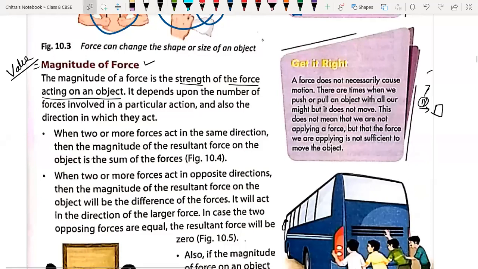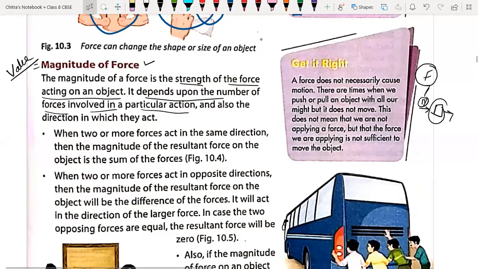If you increase the force, the movement of that object will be more. So we are just going to understand the strength of force in this part. Strength of force is nothing but the magnitude or its value, and it depends upon the number of forces involved in the particular action.